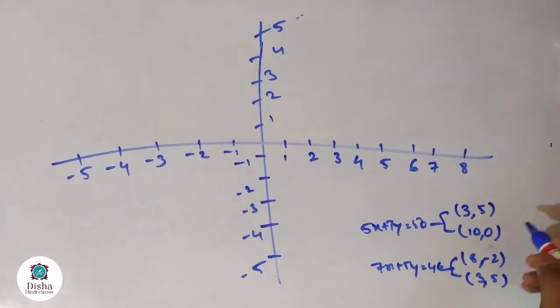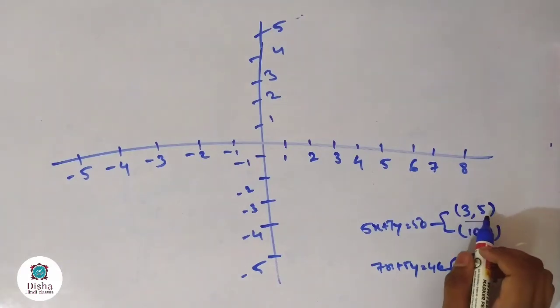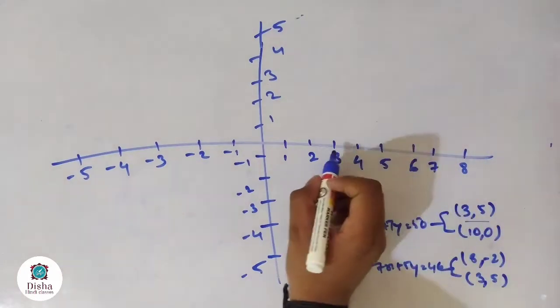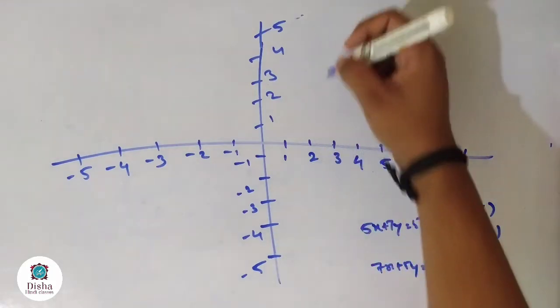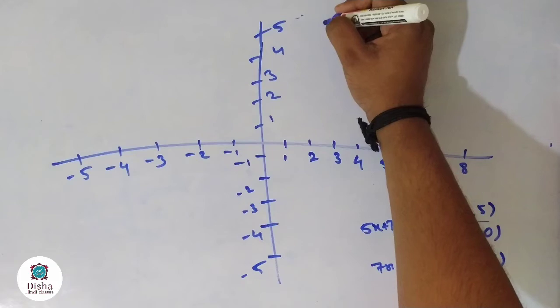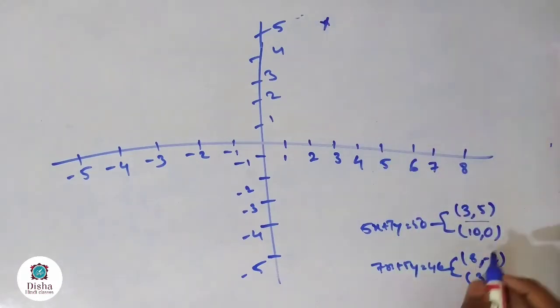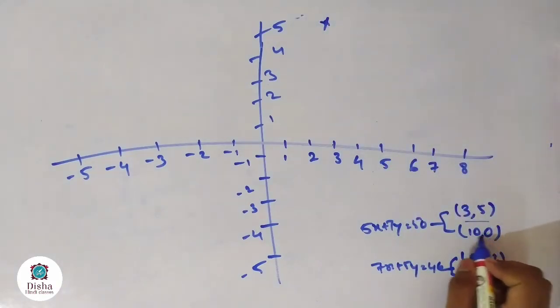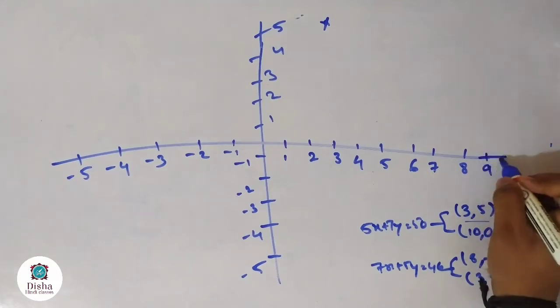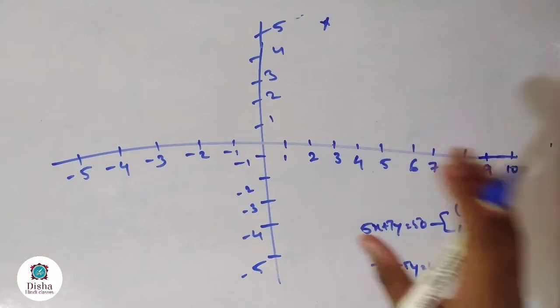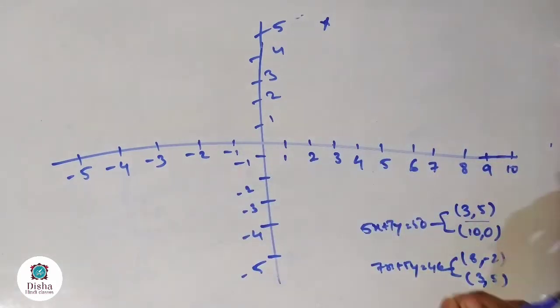Now if we plot these points, that is 3 comma 5. Where will the point 3 comma 5 come? The abscissa is 3 and the ordinate is 5, so it will come here, 3 comma 5. So next we have 10 comma 0. Let us extend this line. This will be 9, this will be 10. This is rough. If you do it on graph paper, it will be accurate. So I am showing just rough.